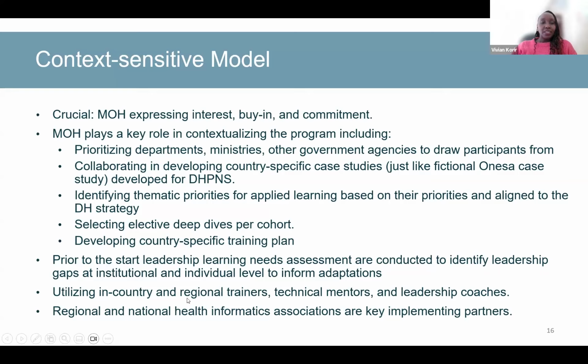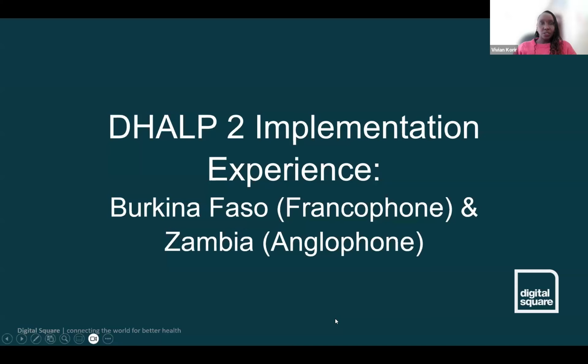We also utilize in-country and regional, mainly in-country trainers and technical mentors, as well as leadership coaches, just furthering the agenda of strengthening local capacity and building a cadre of trainers, mentors, and leadership coaches for sustainability. Also working with, I've mentioned this, the Regional Health Informatics Association.